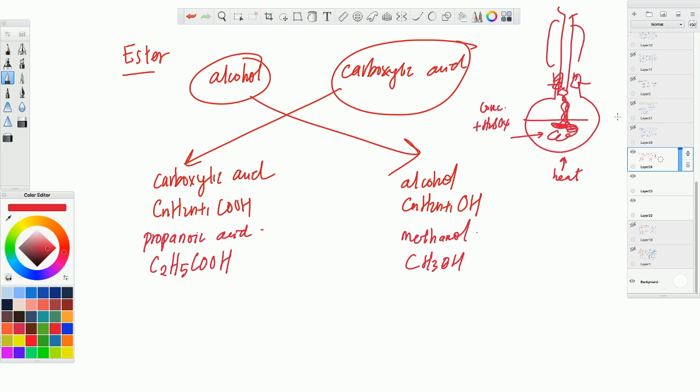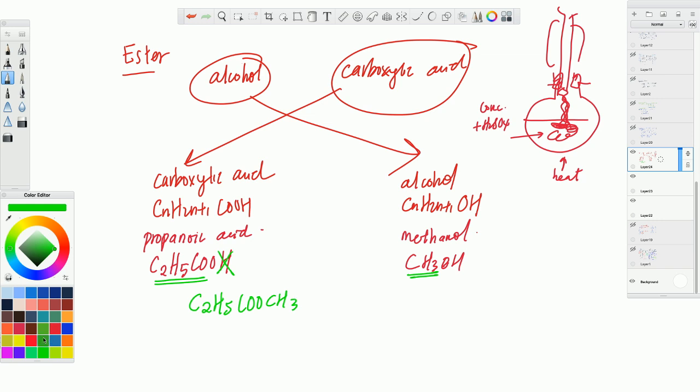Okay, so how do you write the equation about ester? This is the reason why we have the acid in front. Start here. C2H5COOH. We do that first. We don't put the H, we just start with CO. Then we do methanol. That's it. That's your ester.